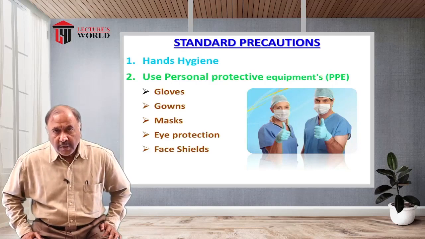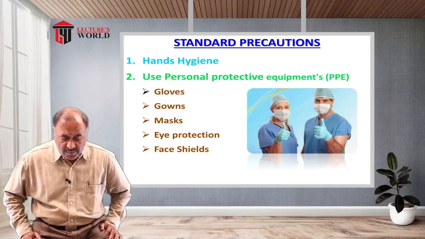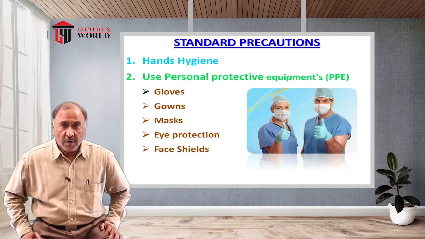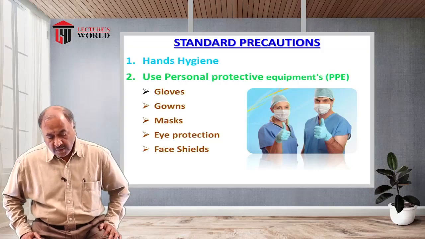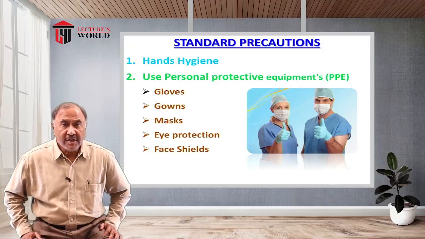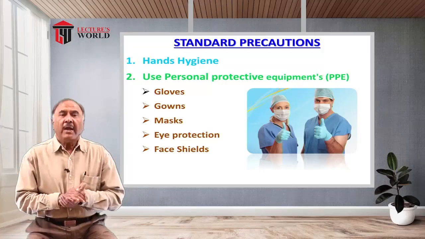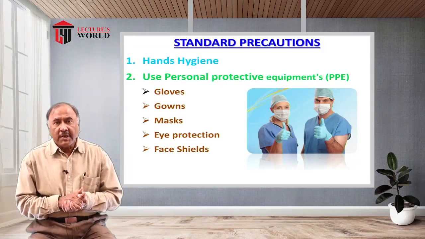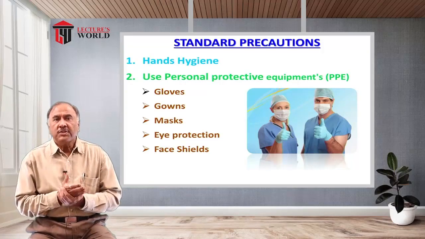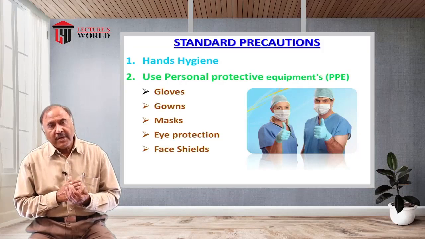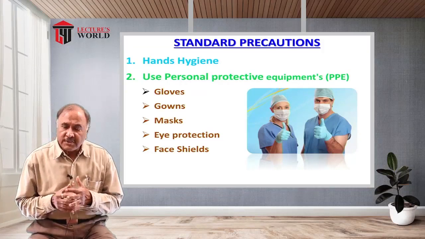Personal protective equipment includes gloves, gowns, that is aprons, masks, eye protection, as well as face shield, which covers the entire face. And even if a person is wearing a mask, it is preferable for healthcare workers to use a shield for preventing respiratory droplet transmission.